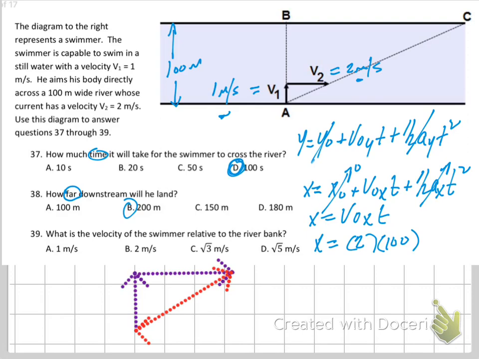The velocity across the river is 1, the current going down is 2. So to find this side, C, we'll call it, C would be equal to the square root of 1 squared plus 2 squared, which equals the square root of 5.